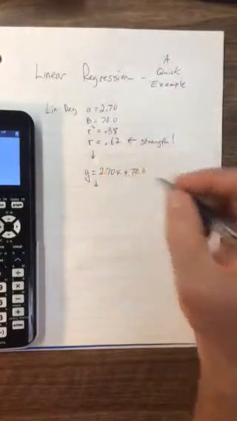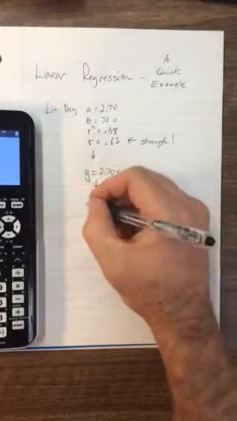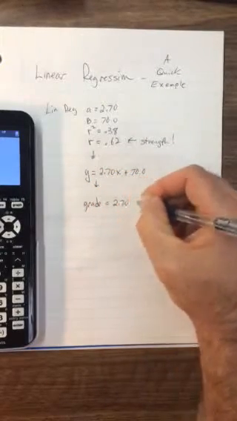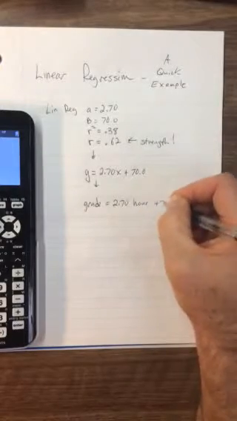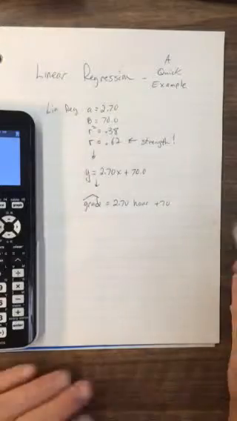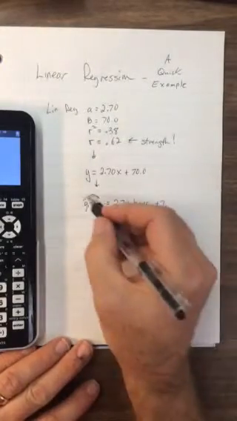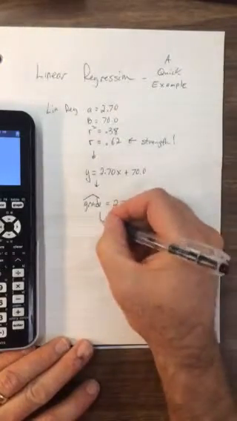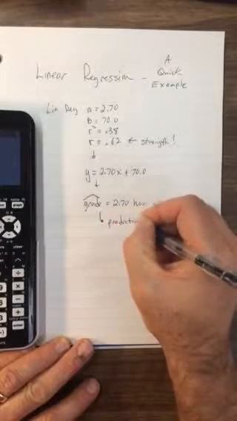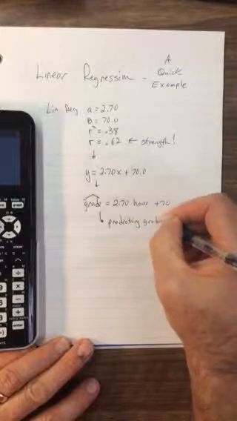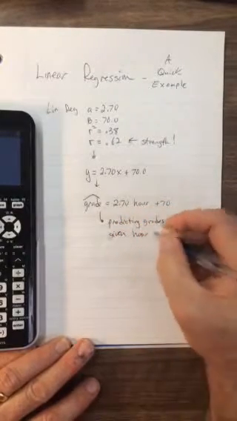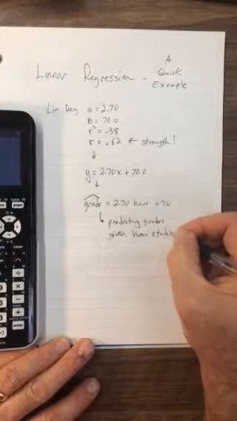Or more importantly for us, since we were comparing grades, your grade is equal to 2.70 times your hours plus 70. We put a little hat over the grade to acknowledge that this is a predictive formula. That is, we're predicting grades given a particular number of hours studied.